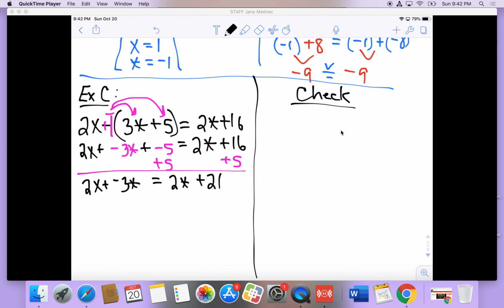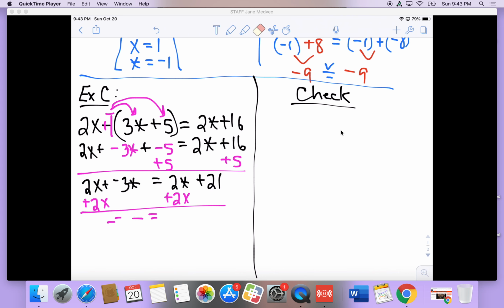And again, what I want to do is get the 21 by itself. I want to get rid of the 2 star. I can't subtract 2 star from either side, so I think what I'm going to do is add a 2x. I get 4x plus -3 star equals 2... I want to change the color on that.